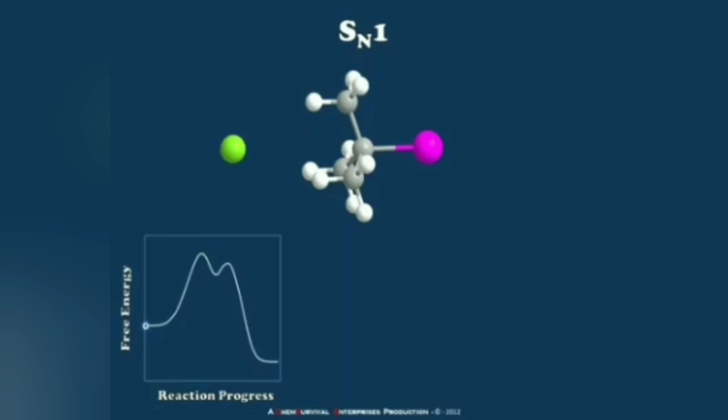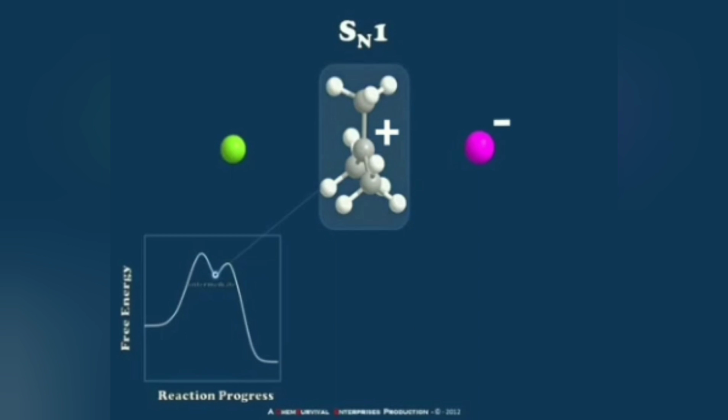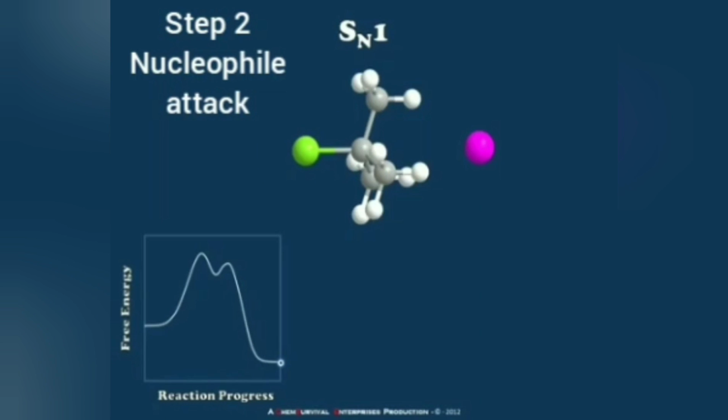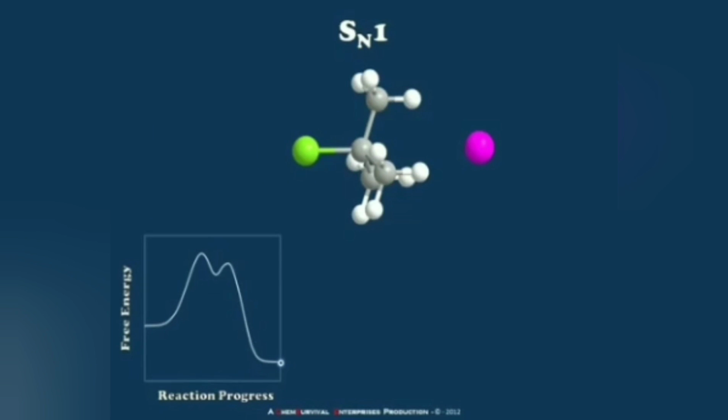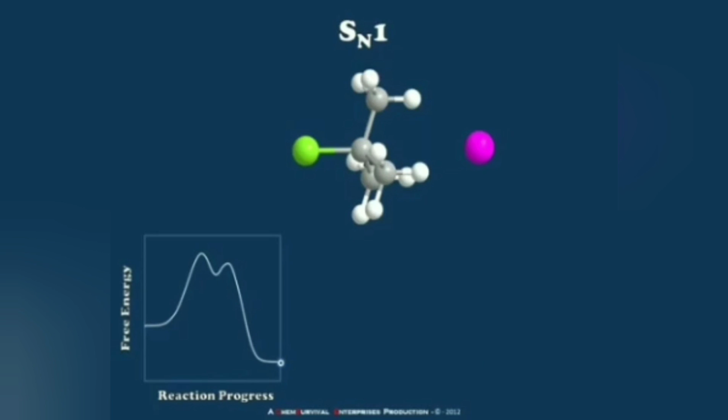In the first step, the formation of carbocation takes place by leaving the bromide, and the tertiary carbocation formed is more stable due to the positive inductive effect of the alkyl groups associated with the central carbon. When the nucleophile attacks, that is the second step of the SN1 mechanism, it binds to the tertiary carbon and forms tertiary butyl alcohol, a stable one.